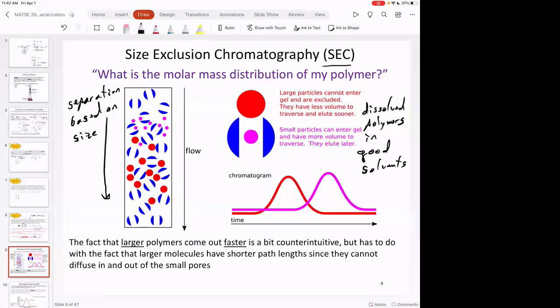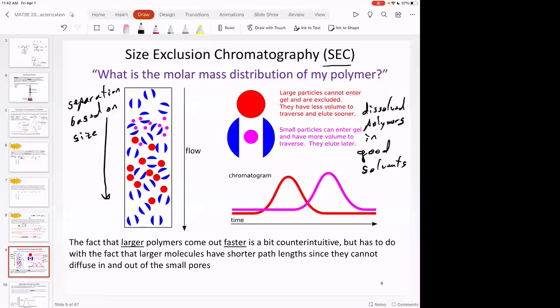And we treat those like particles, but we're really talking about the size of the coil, just as we discussed in the conformation unit, right? So you have some tools to figure out what the size of a polymer molecule is in solution. And you know that the size is going to be correlated to N. And of course, N is correlated to the molecular weight.